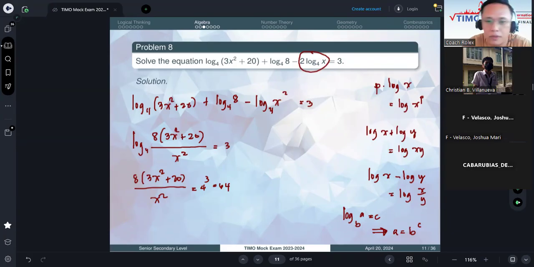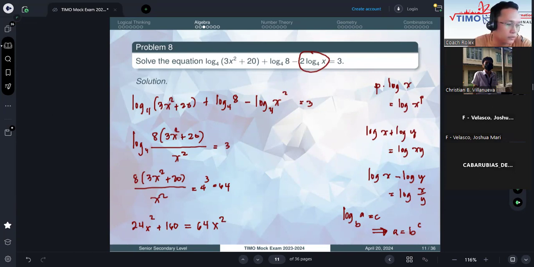Then we simplify everything. So the numerator will become 24x squared plus 160, divided by x squared, is equal to 64. Then we can divide this by 64, everything.